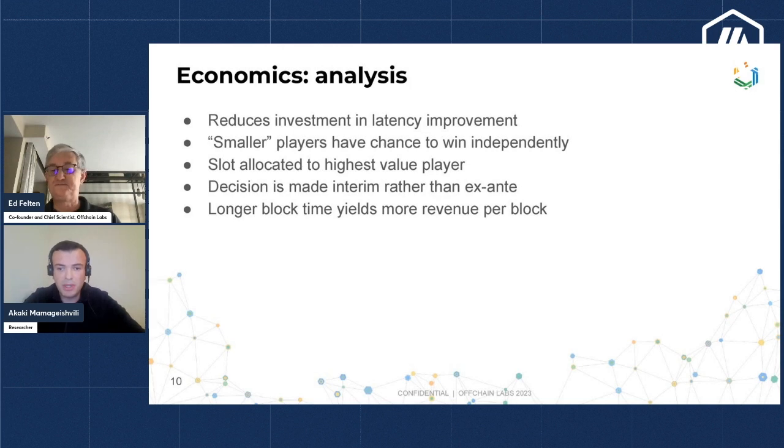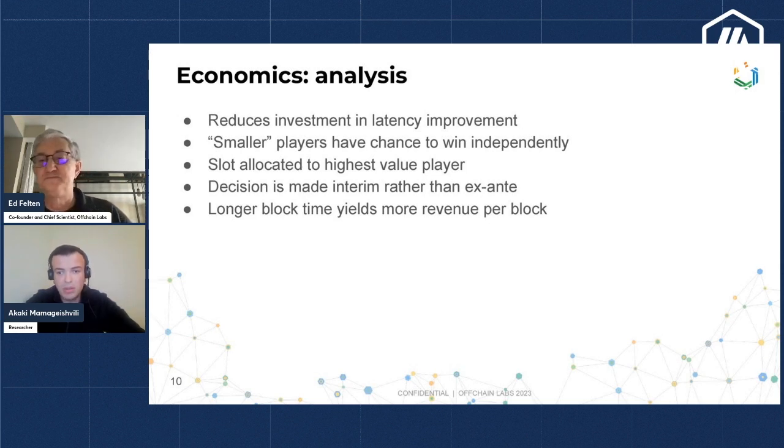The fourth property is that the decision on bidding, or how much to invest, is happening interim instead of ex ante. So in case of first come first serve, players need to invest in the latency much in advance, so they cannot decide to have fast latency once they see the opportunity.